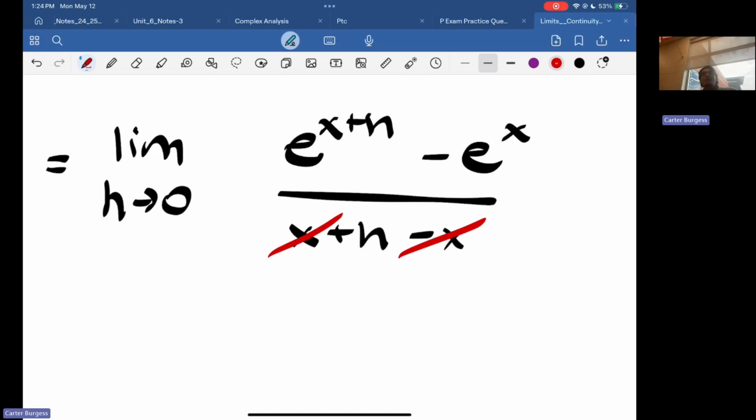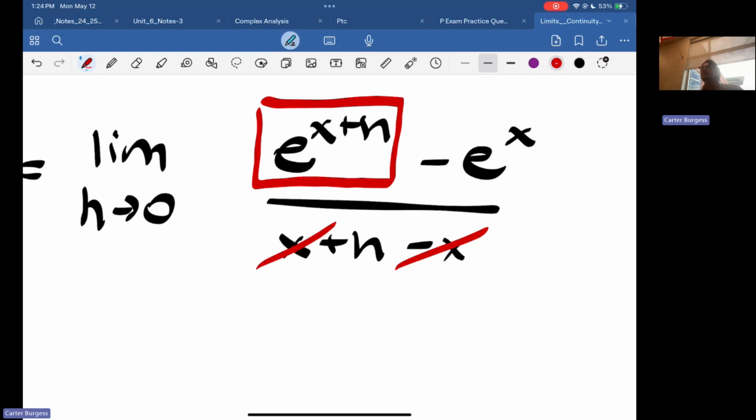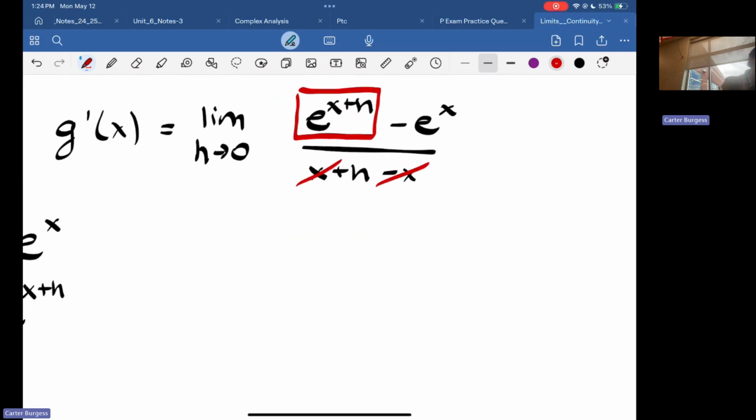So let's think about what we have in the numerator here. H is going to be hard to simplify, so let's try and focus on what we can do with the numerator here. And I'm going to hone in on this e to the x plus h term. When I have, let's say, b to the 2 plus 3, where did this come from?